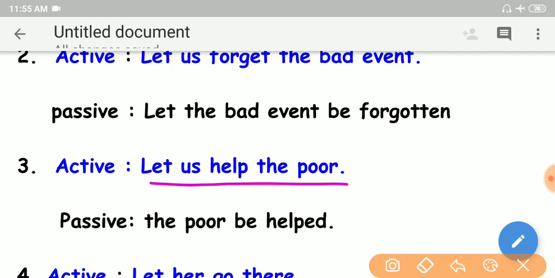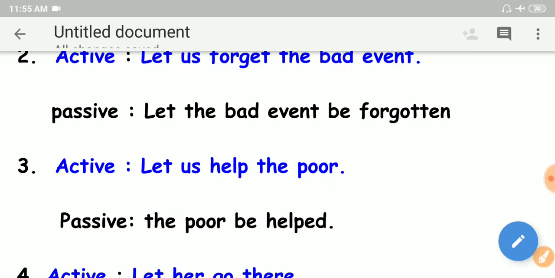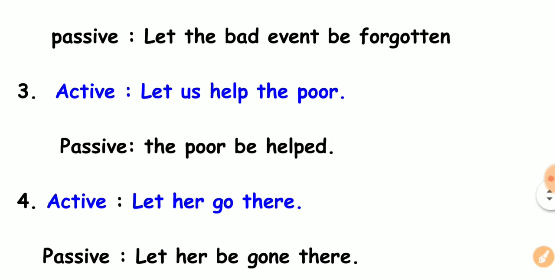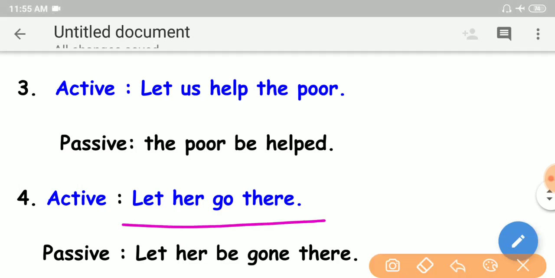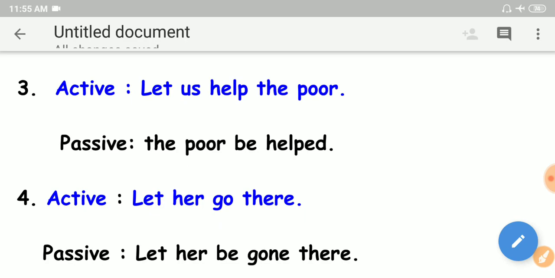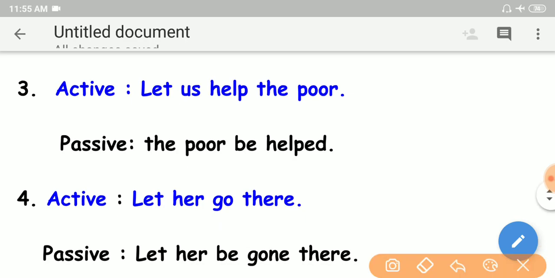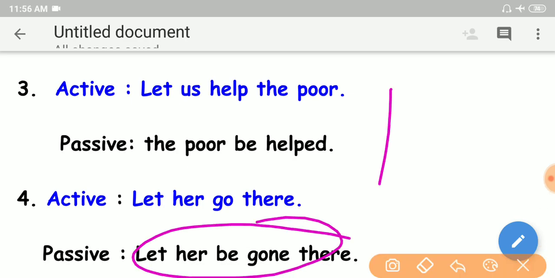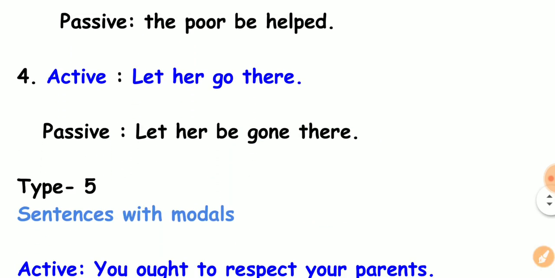Let the poor be helped. Here we must use let, my dear friends. Let the poor be helped. Like this: let her go there. Let her be gone there is the passive sentence, my dear friends.